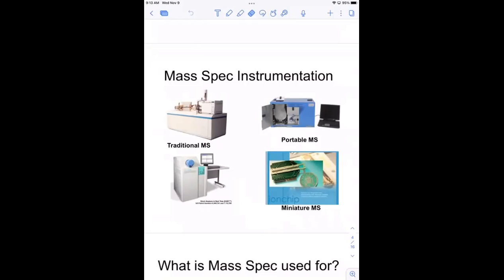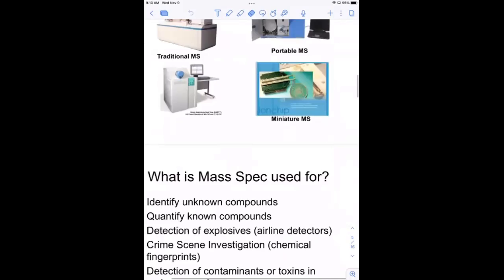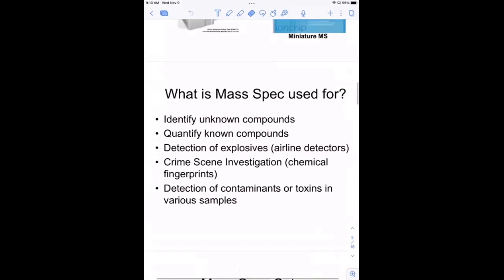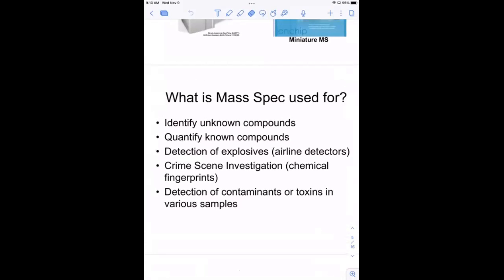And then a few of the uses of mass spec, right? You use it to identify unknowns, which is often the case. You have an unknown, especially when you use it for crime scene investigation, and you're looking for clues as to whether or not maybe somebody was poisoned, or maybe somebody had overdosed or something like that.